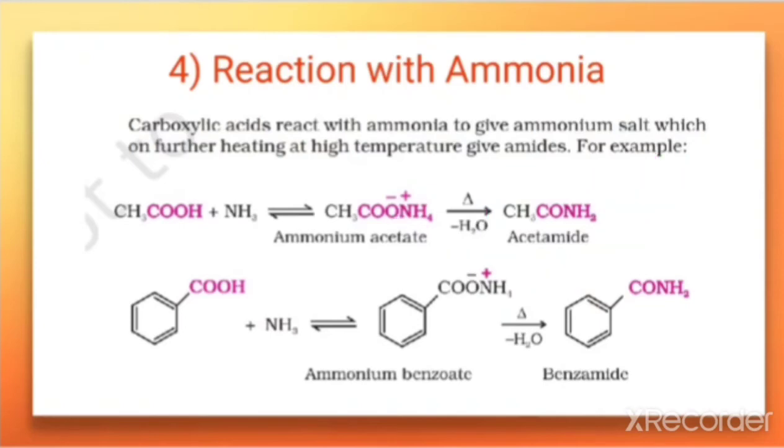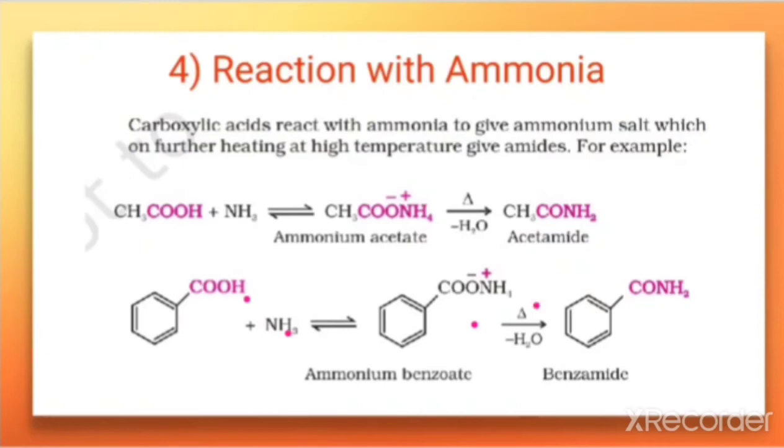When we take benzoic acid, in the same way benzoic acid with ammonia gives rise to ammonium benzoate. That is, a salt formation takes place here, that is the ammonium salt is formed. So this is called ammonium benzoate.